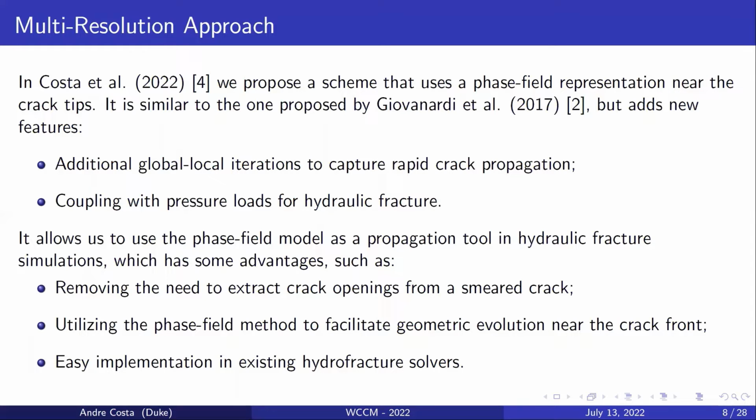This new approach allows us to use the phase field model as a propagation tool in hydraulic fracture, facilitating the computation of the fracture's geometric evolution without resorting to crack apertures modeled from a smeared representation. Its design also makes it very simple to incorporate in existing hydraulic fracture solvers.